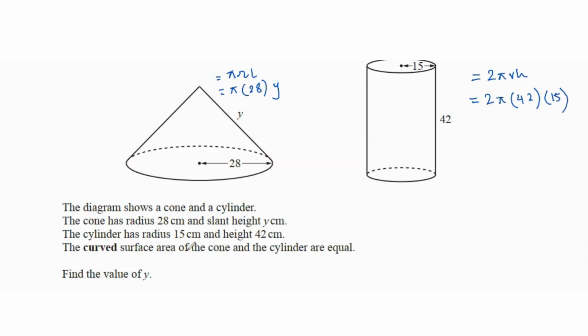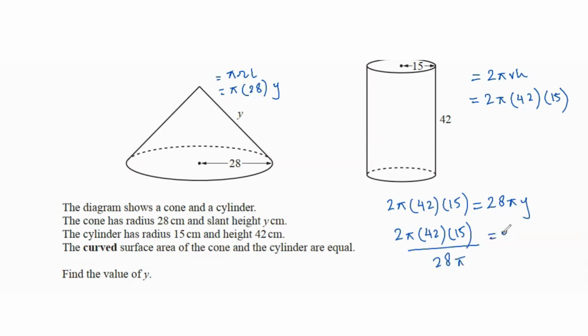So if we put this equal to each other, 2 pi times 42 times 15 equals 28 pi times y. So y equals 2 pi times 42 times 15 divided by 28 pi.